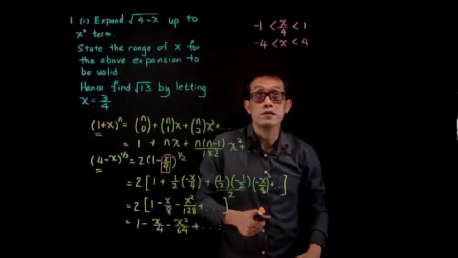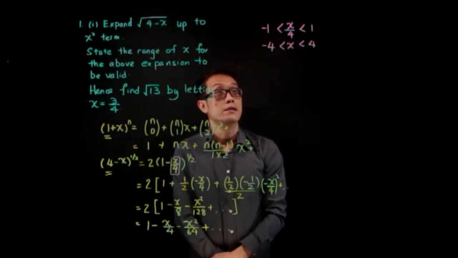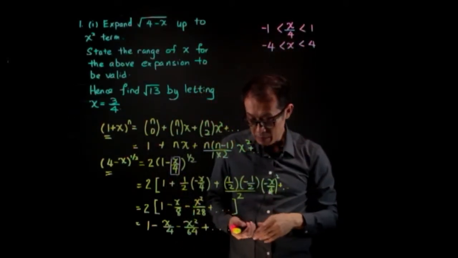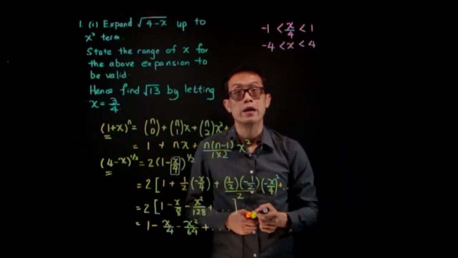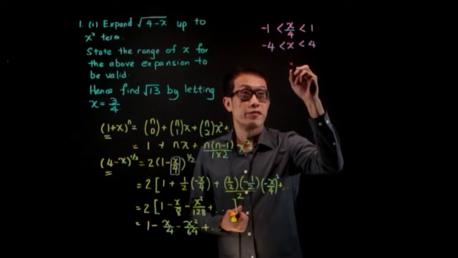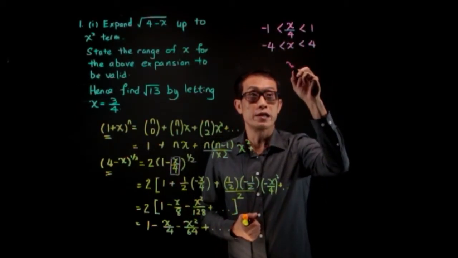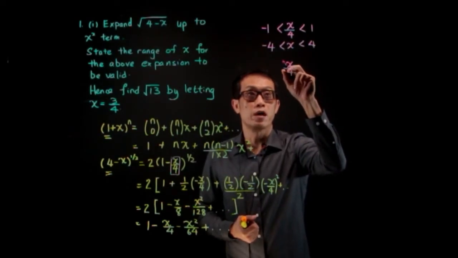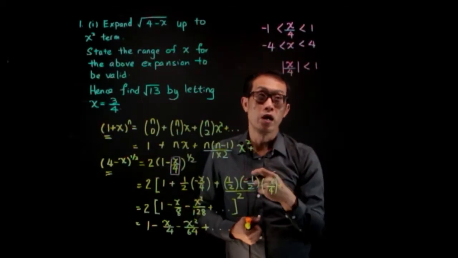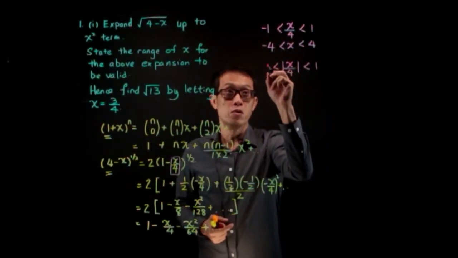Now why is this so? Let me tell you why x over 4 must be between minus 1 and 1. If x over 4 is between minus 1 and 1, I can rewrite it in this form: mod x over 4 is smaller than 1, but of course it's greater than 0.